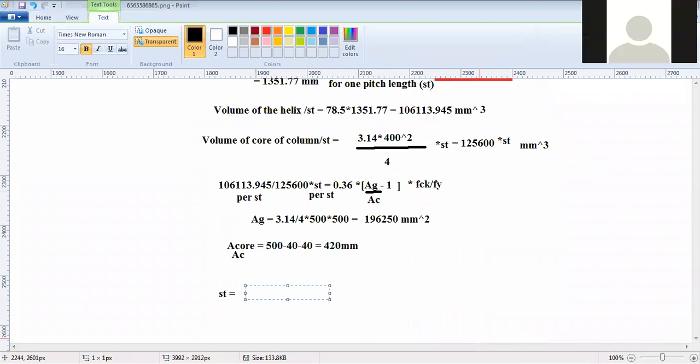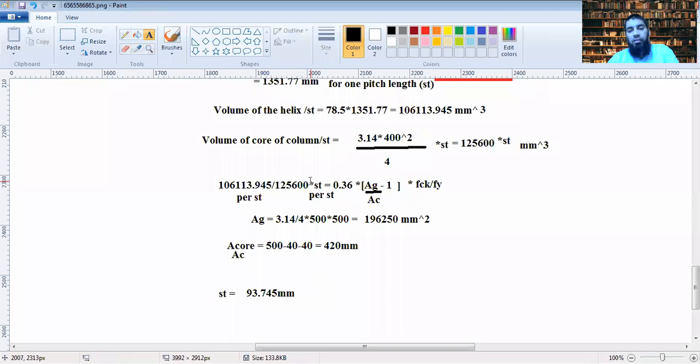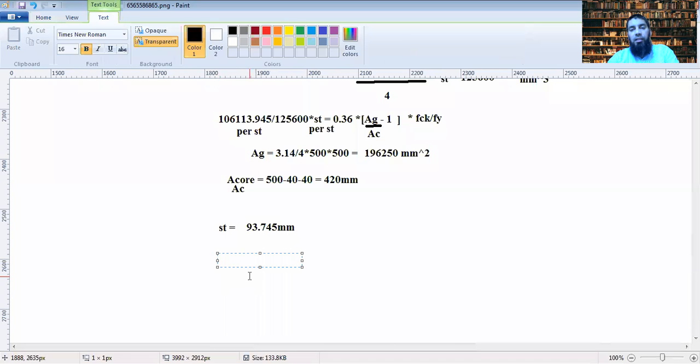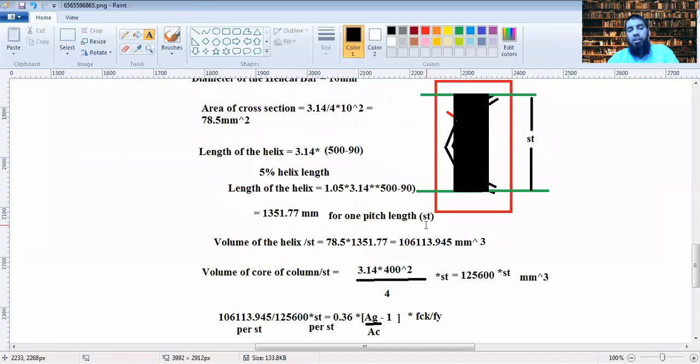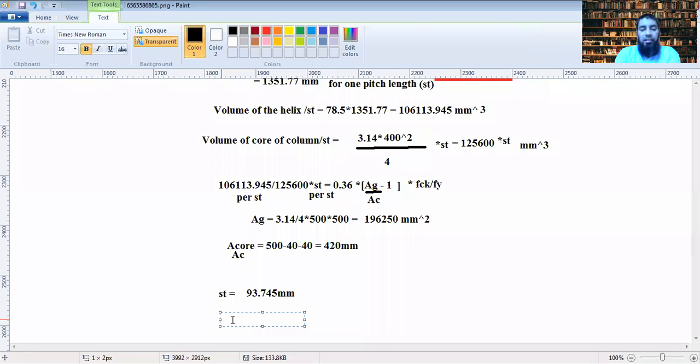St is 93.745, right, this is right. So you are getting the pitch 93.745. Now that has to be greater than 75, which is the minimum that you provide, and the maximum that you provide is 300.